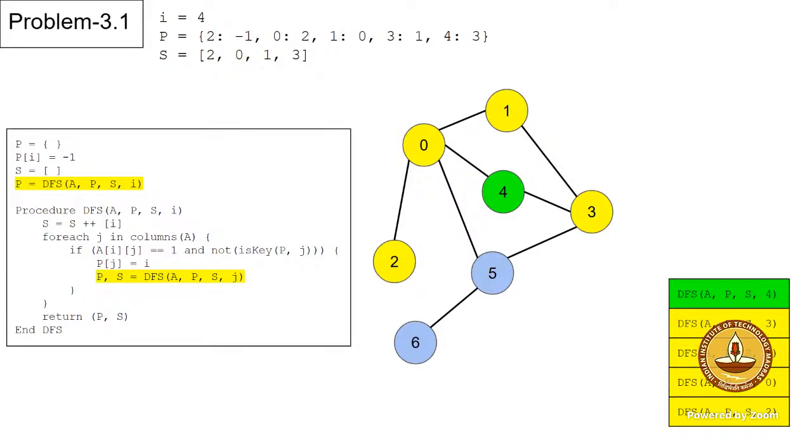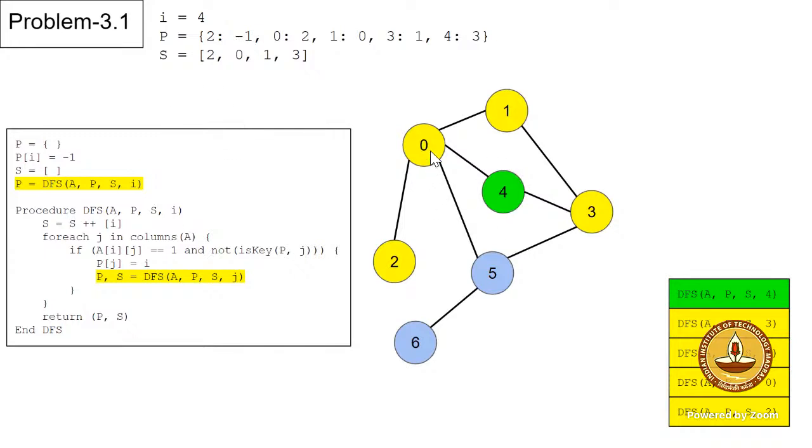Each visited node will be a key in the dictionary P. The dictionary will have the visited nodes as keys, and the edges are the connections, so each key will have its parent as its value.